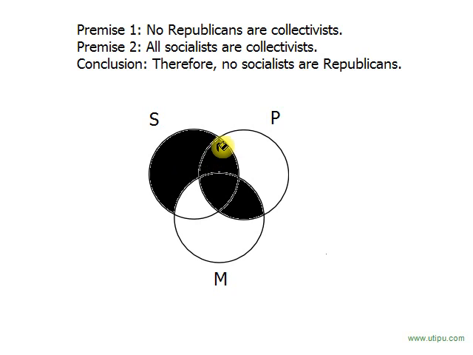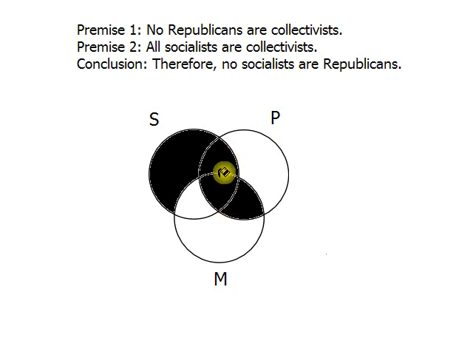Then the final step is to not do anything more to the diagram, and simply look at the conclusion. If you can read the conclusion off of that diagram, the argument is valid. And if you can't, it's invalid. So let's look. What we need to be able to see is no S are P. In order to diagram that, we would have to shade in that area.